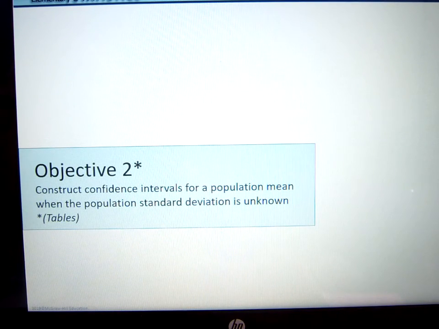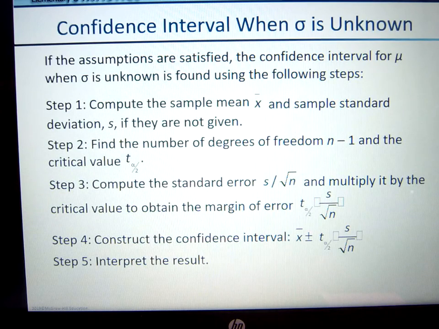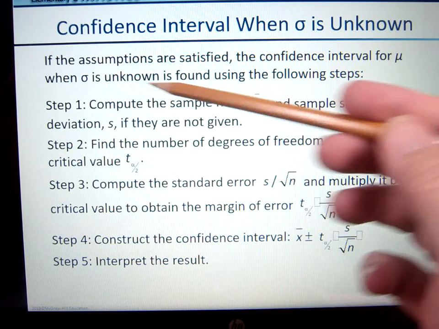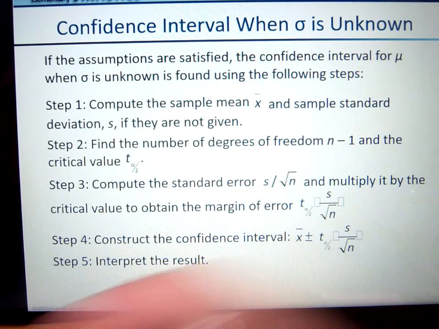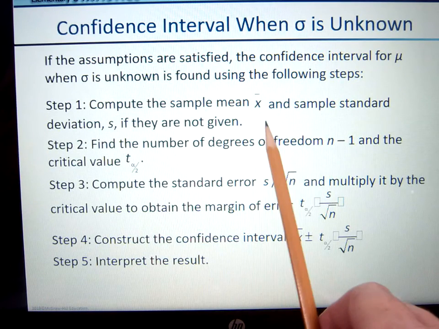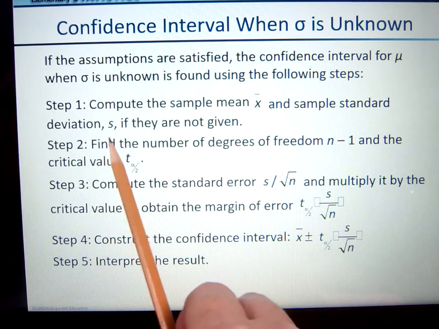Objective 2. We're going to construct confidence intervals for a population mean when the population standard deviation is unknown. If the assumptions are satisfied, we construct the confidence interval for mu when the population standard deviation is unknown using the following steps. Ready? Step 1. Compute the sample mean and the sample standard deviation if they're not given.